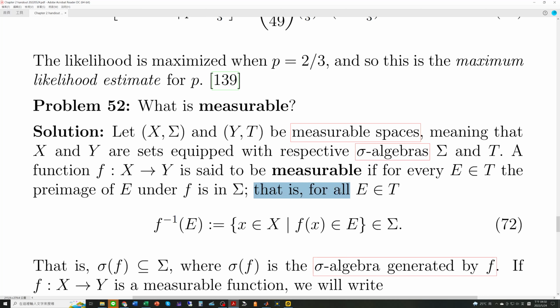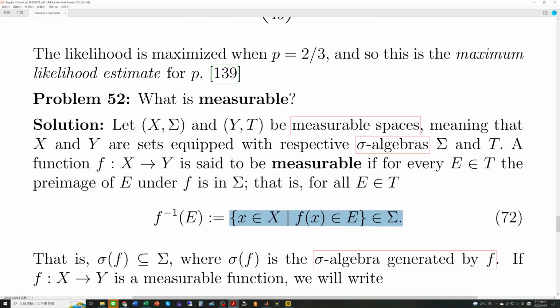That is, for all E in T, f inverse of E is defined as the set which contains all small x in capital X such that f of small x is in E, and it is in Σ. This set is in Σ.